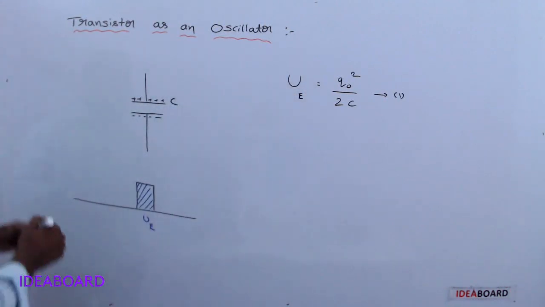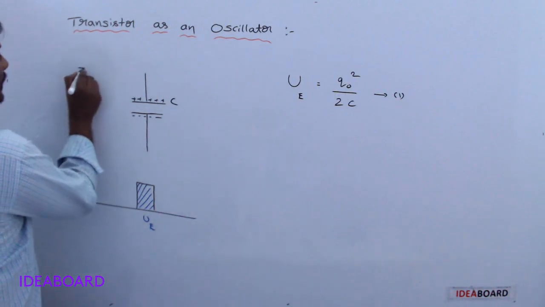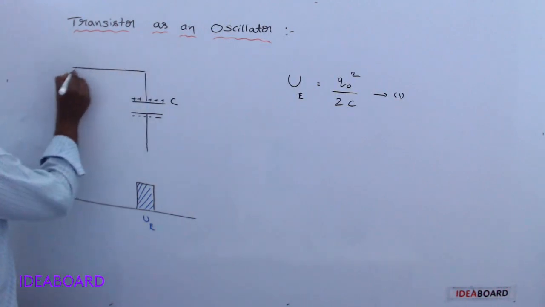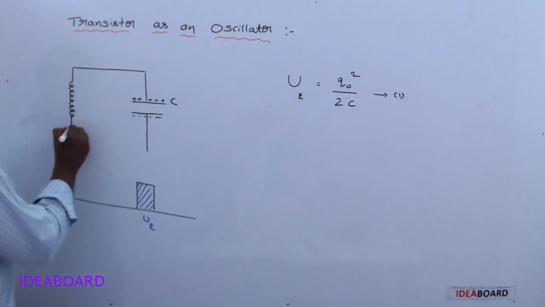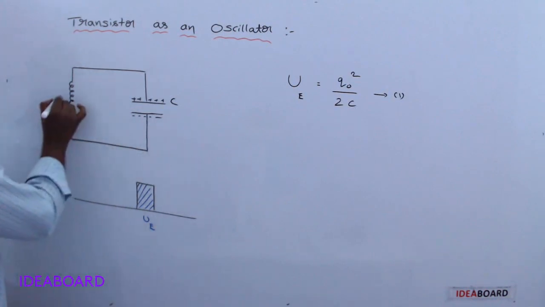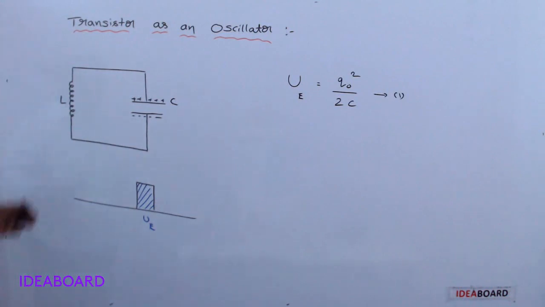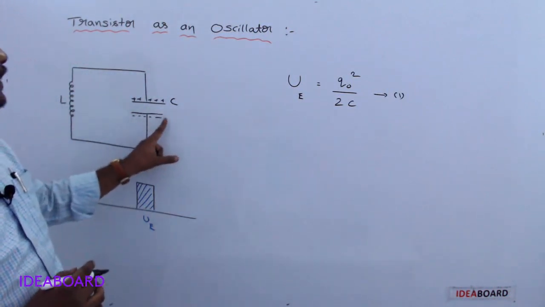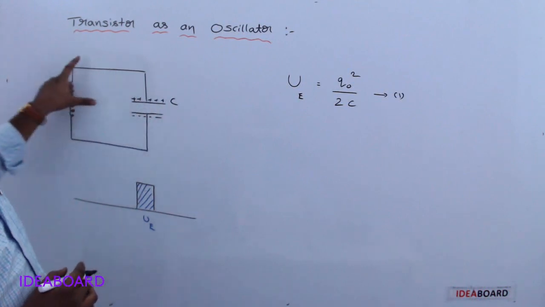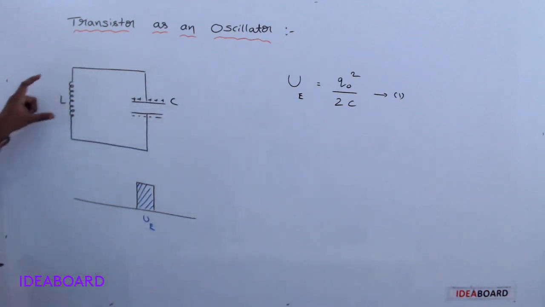This fully charged capacitor is now connected in parallel with an inductor. We know the symbol for inductor is L.